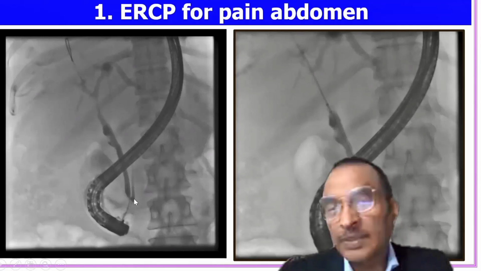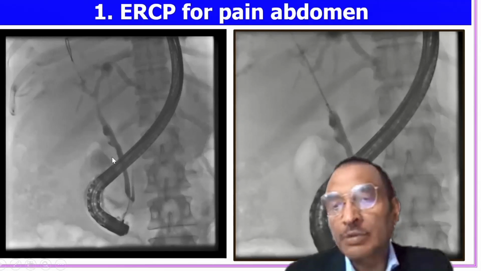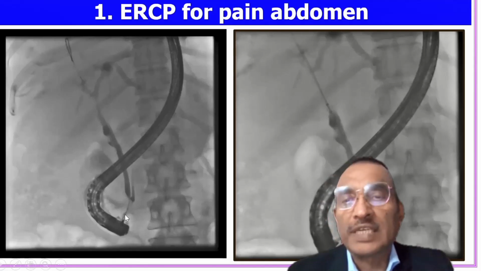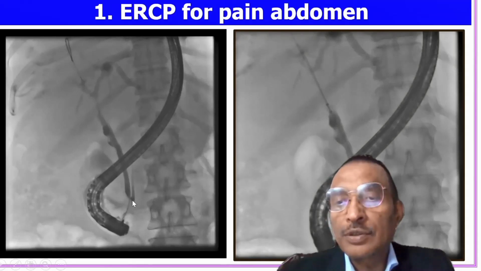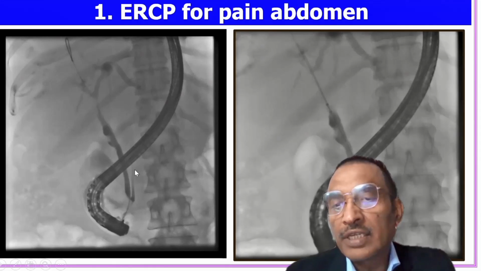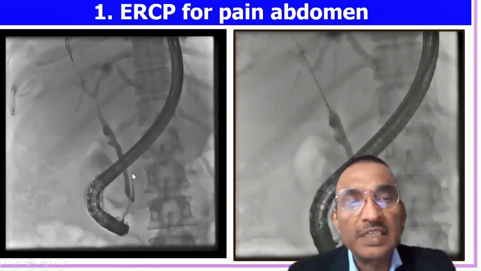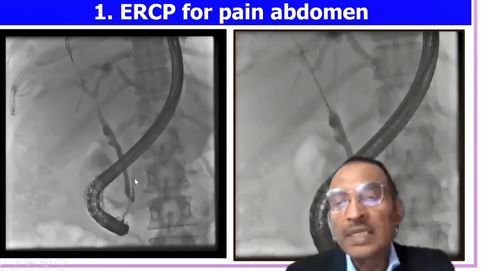So here, this film has been put basically to show you the long common channel. This is the area where you are seeing the bile duct and pancreatic duct separating. The pancreatic duct is reasonably regular in outline, dividing, tapering.